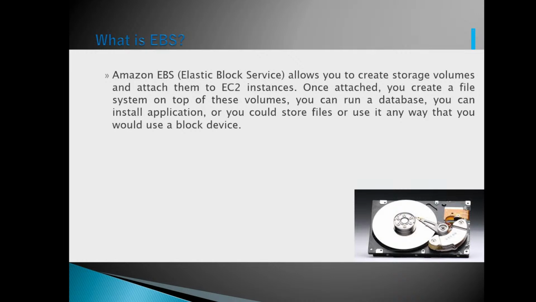EBS is elastic block storage, an actual block storage in the cloud on which you are going to install your OS, install your application, and store the data. It is going to attach to your EC2 machine as a root device or as an external device. Now, what is meant by root device and what is meant by external device? Anybody knows?